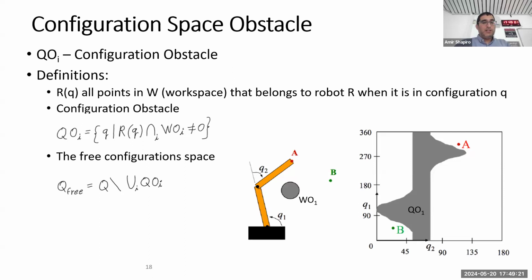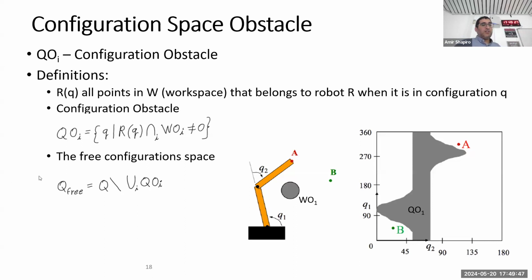And you can see them here in the gray area, as the configuration obstacle. This is the entire configuration obstacle, and it is also warped around both in θ1 and θ2.